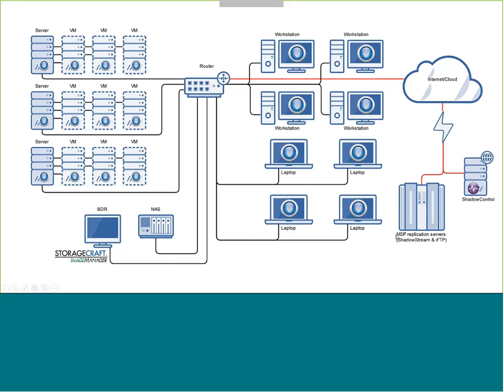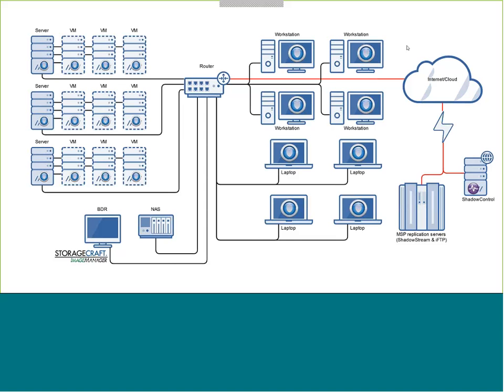Next, you can also have your own replication servers. That comes in the form of either ShadowStream or IFTP, or Intelligent FTP. They basically do exactly the same thing, but they are intended for users or organizations with different grades of internet connectivity. ShadowStream is optimized for environments with high latency and low bandwidth, so someone with an ADSL connection or something similar.